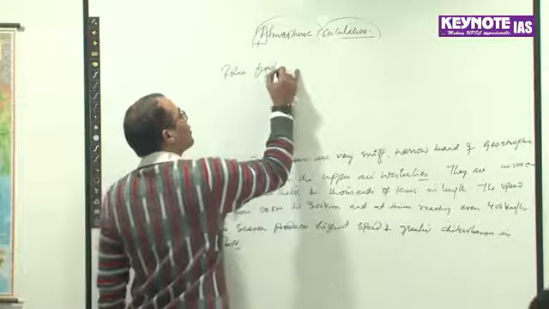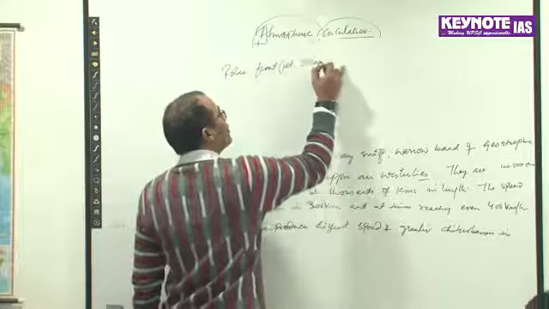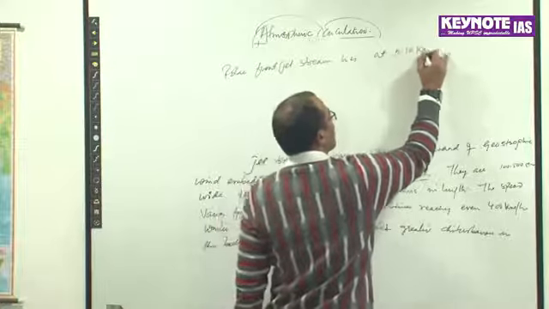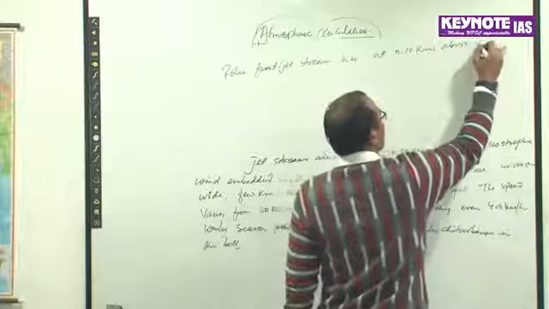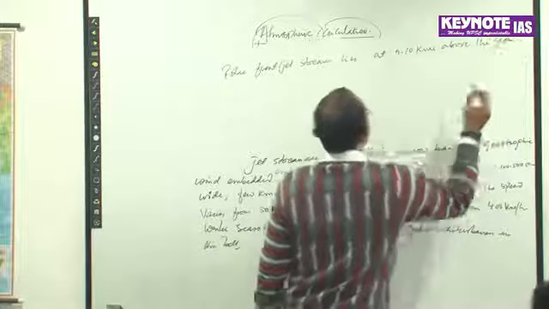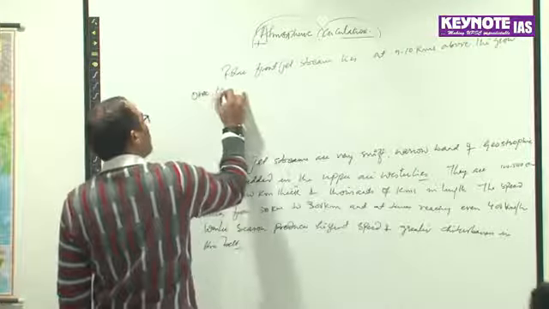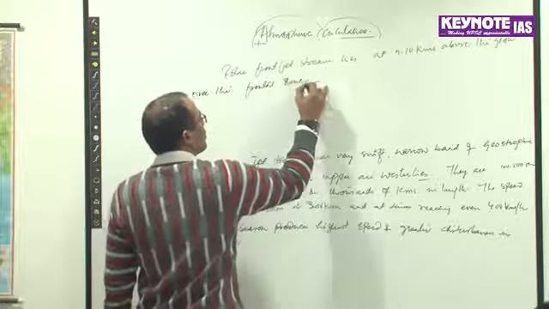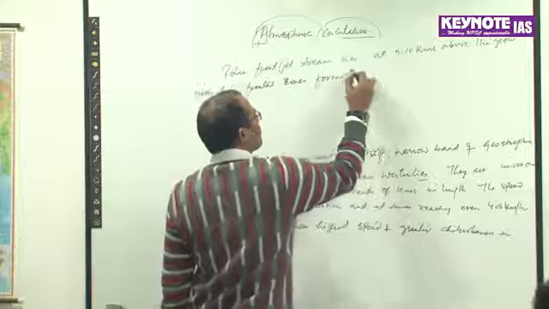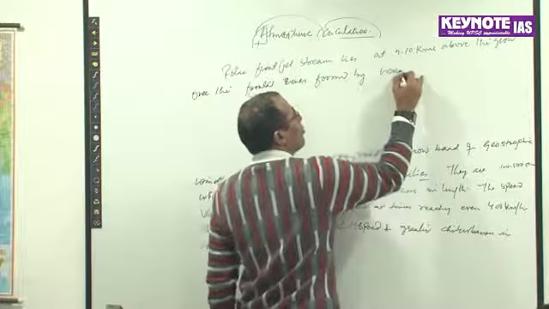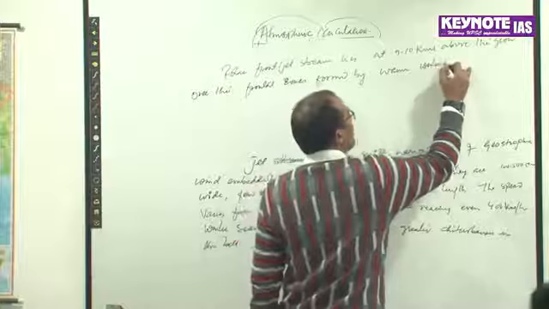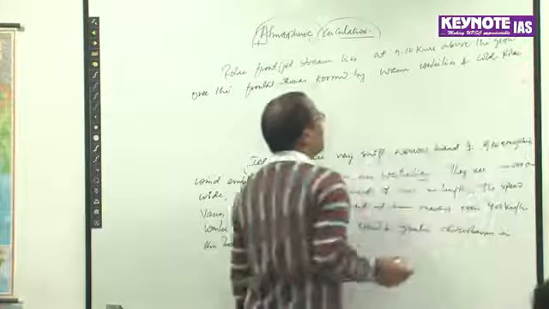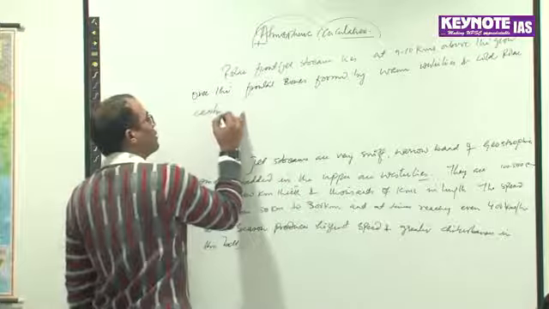The polar front jet stream lies at 9 to 10 kilometers above the ground over the frontal zones formed by warm westerlies and cold polar easterlies.